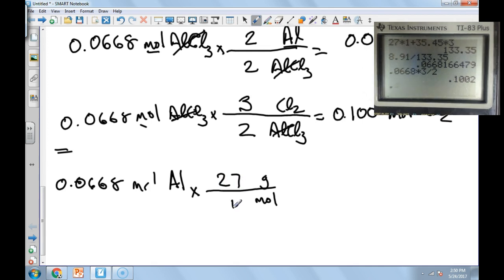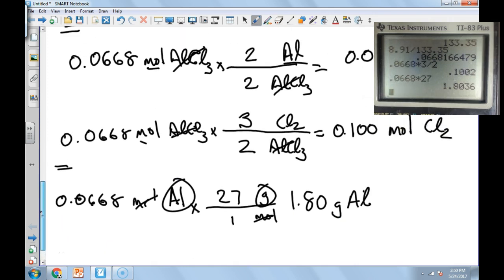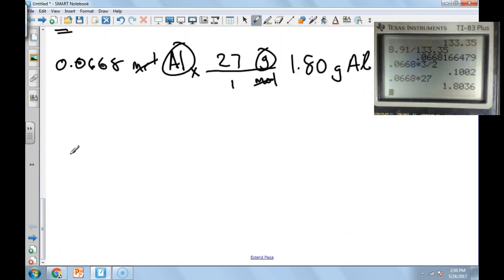So we're going to take 0.0668 times 27, and we're going to get 1.80 grams of aluminum. Moles cancel. We're left with grams of aluminum. We do that math. Now we do the same thing for chlorine, Cl2. We have 0.100 moles of Cl2.